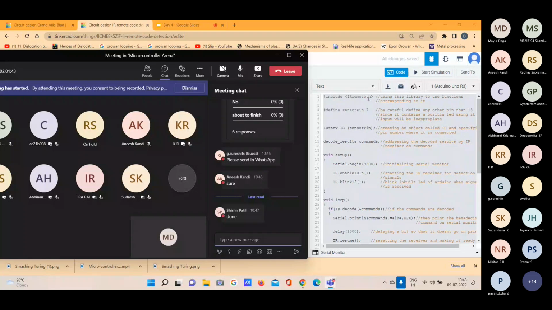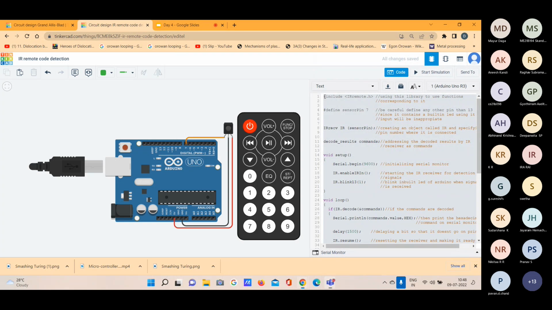Okay, now I'll explain this code. This is the library we need to call for using these IR commands.